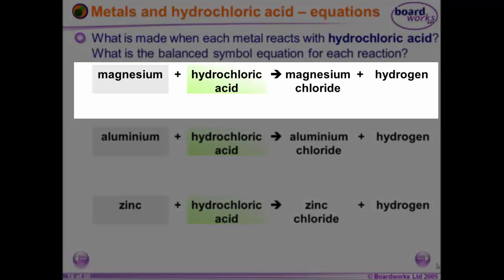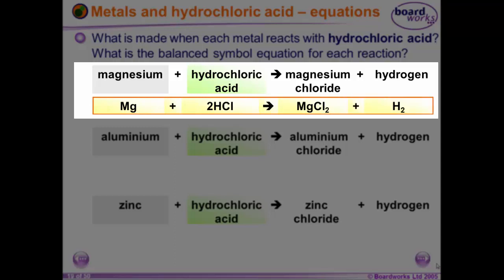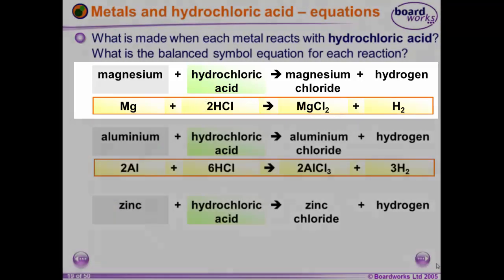And the balanced equation for magnesium is Mg plus 2HCl makes MgCl2 and H2. Notice that on the left hand side there are 2 H's, on the right hand side there are 2 H's. On the left hand side there are 2 Cl's, on the right hand side there are 2 Cl's. So these should always balance.